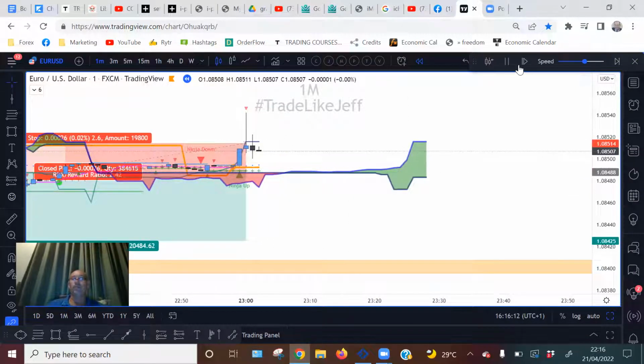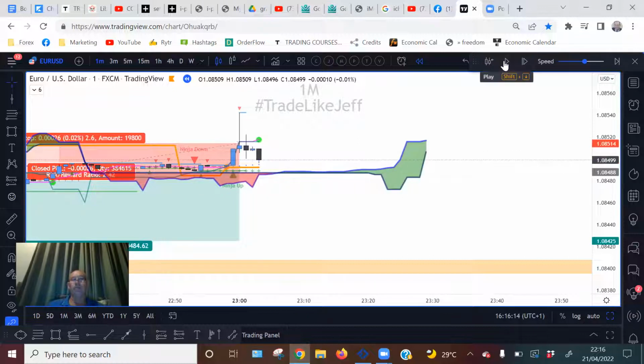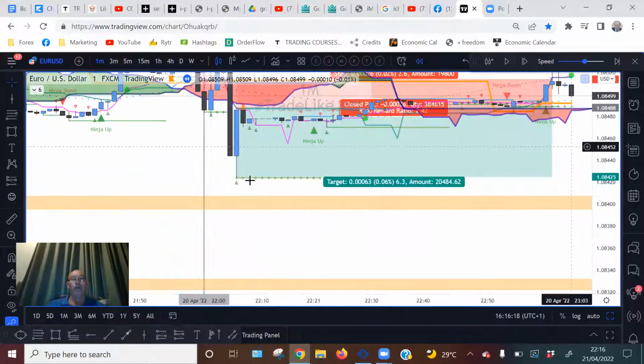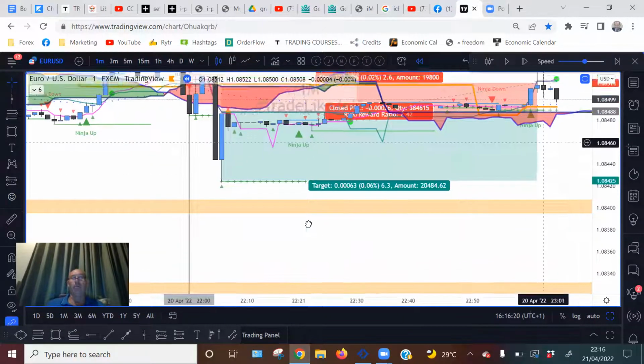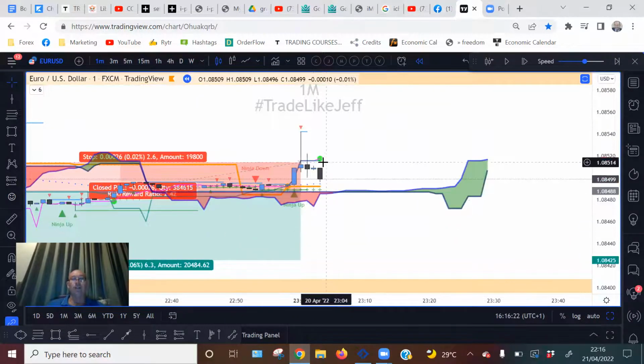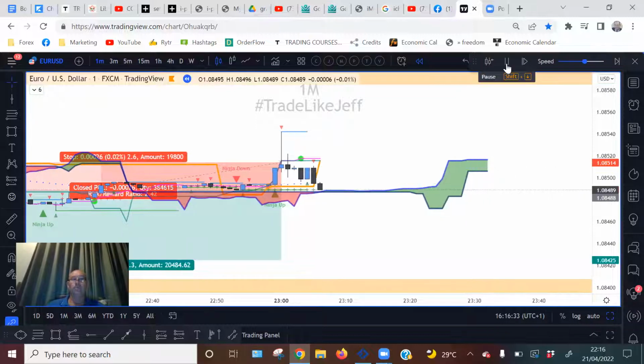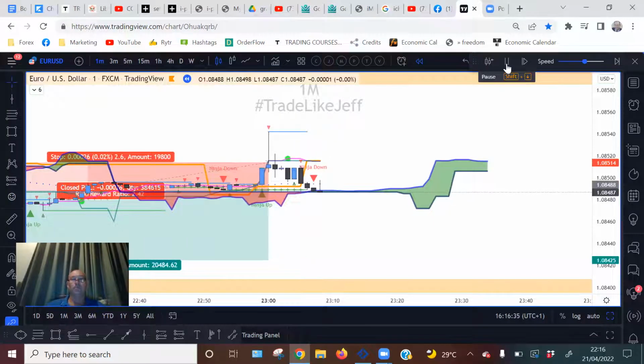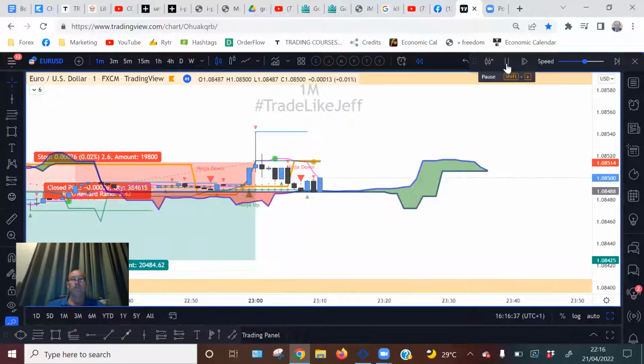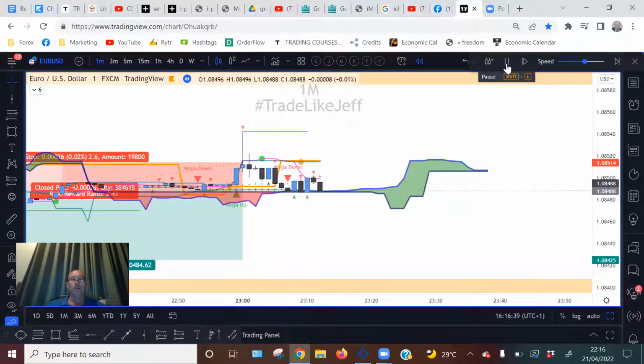I lost that trade. So that's 1% down, ladies and gentlemen. Just to be clear, although I could have got it 2% up if I stayed in the trade. So 1% down now. So there's no trade at the moment, no trade.